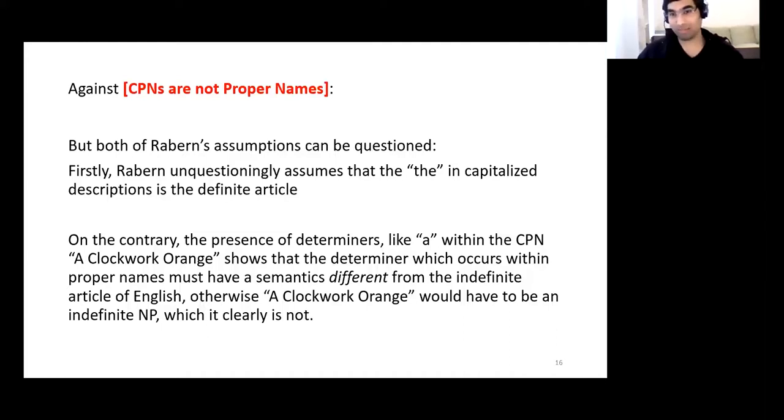The presence of a determiner, which is also the indefinite article in English, within the complex name A Clockwork Orange shows that the determiner which occurs within proper names must have a semantics different from the indefinite article of English. Otherwise, A Clockwork Orange would have to be an indefinite NP, which it clearly is not. So this must have different semantics from the indefinite article of English.